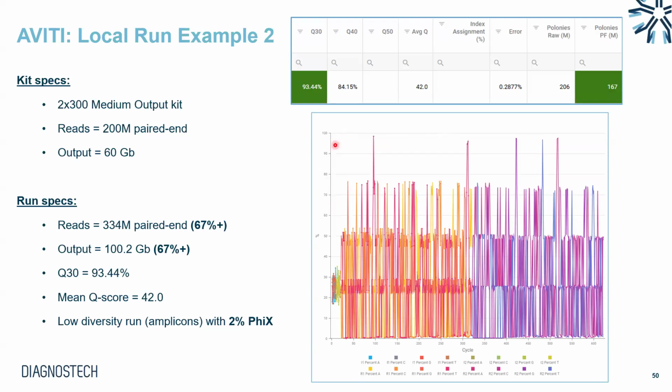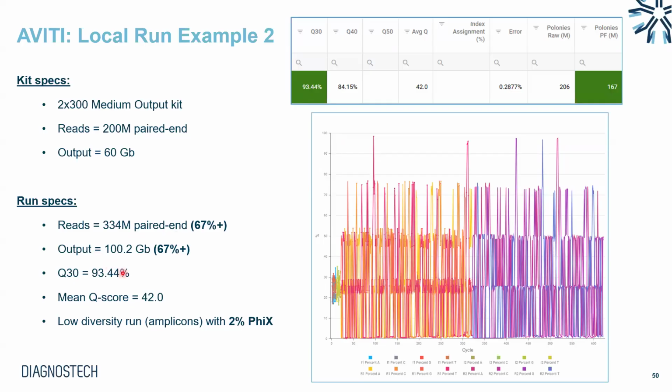But this customer used a 2x300 medium output kit. They anticipated to get 200 million paired end reads with 60 gigs of output. For this run, they used something called expert mode, and that's also just at a click of a button on the box.